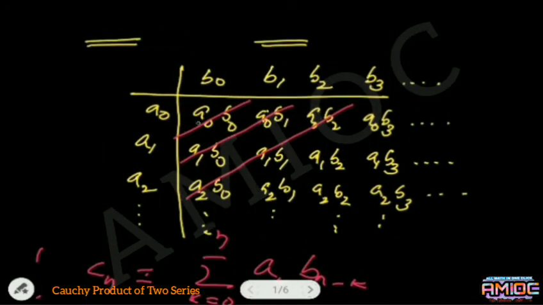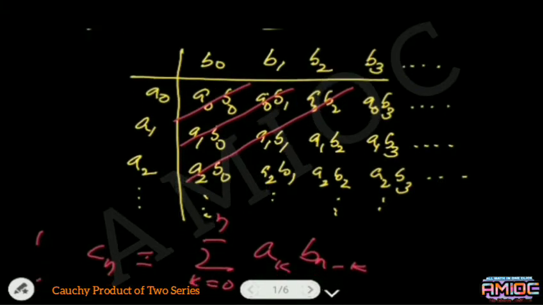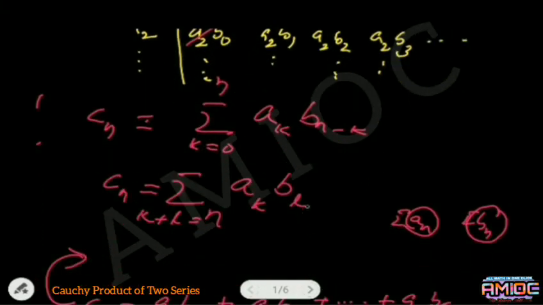The first diagonal has the element a0 b0, which is equal to c0, and the second diagonal has the elements a1 b0 plus a0 b1, marked as c1, and in a similar way we get a sequence C_n, that is equal to summation over k plus l equal to n of a_k b_l. C_n is equal to summation k equal to 0 to n of a_k b_(n minus k).